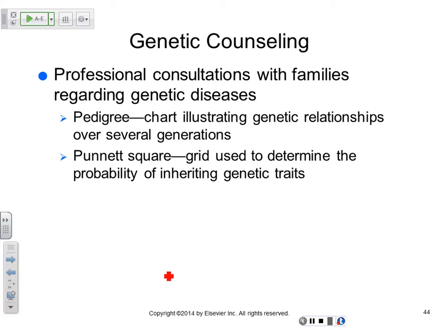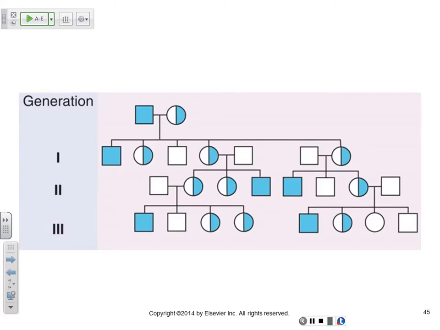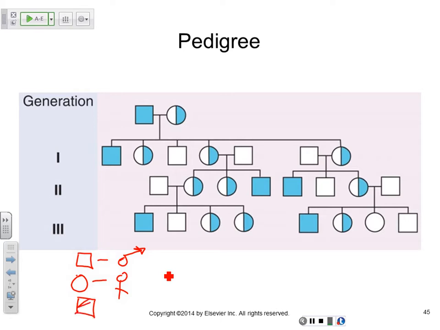So this is a pedigree here. The squares are males, the circles are females, and the shaded parts are the abnormal phenotype.